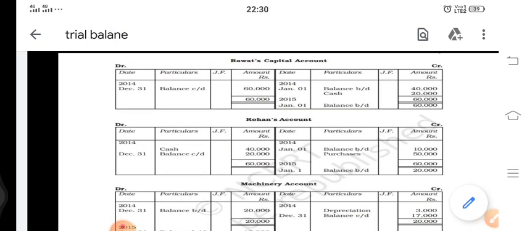So students, always remember that whichever side is greater will have that balance.